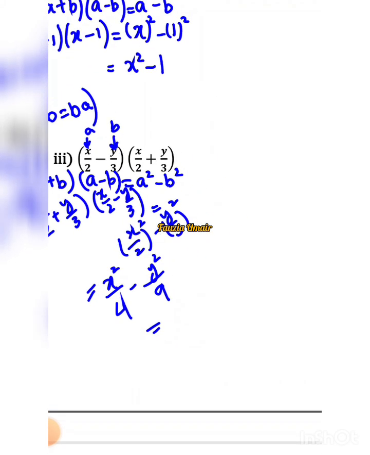So let's go to the two more parts. They are also formula 3, which is a plus b into a minus b. Now I am doing it in a short way because I know the formula, I know what to do.